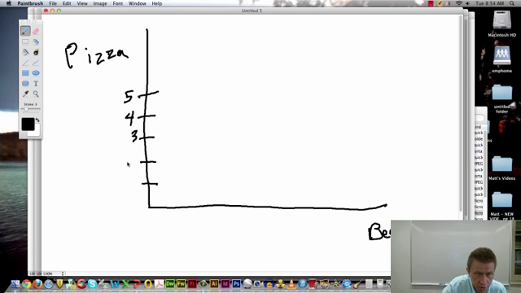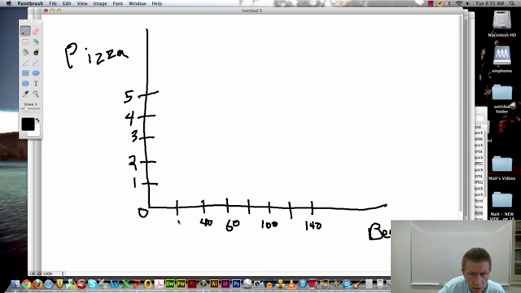So let's go 5, 4, 3, 2, 1. And remember, beer goes up to 140. So why don't we do increments of 20? 20, 40, 60, 80, 100, 120, 140. So that's 140. Here's 100. Here's 60, 40, and 20. So we've got the axes labeled.